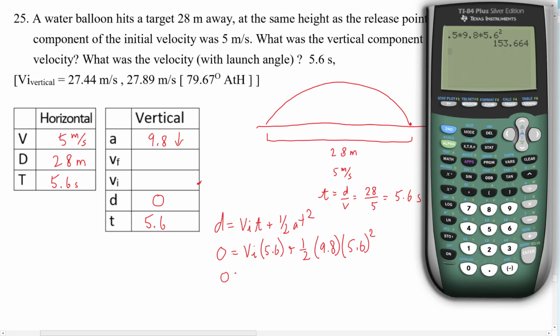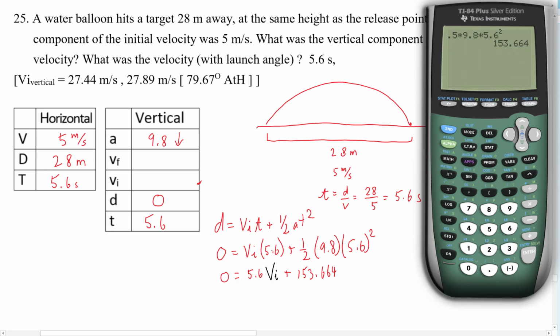So 0 equals VI times 5.6, and I'll just change the color here for the variable, plus 153.664. So we take this over to the other side, it'll become negative, and then divide by 5.6.